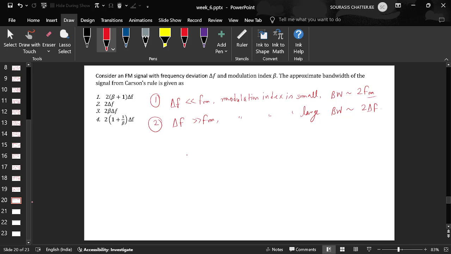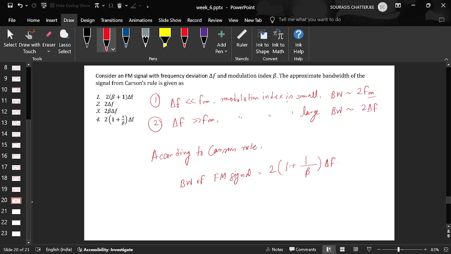So keeping these two things in mind, according to Carson's rule, the bandwidth of a frequency modulated signal is obtained as 2 times (1 plus 1 over beta) times del f.